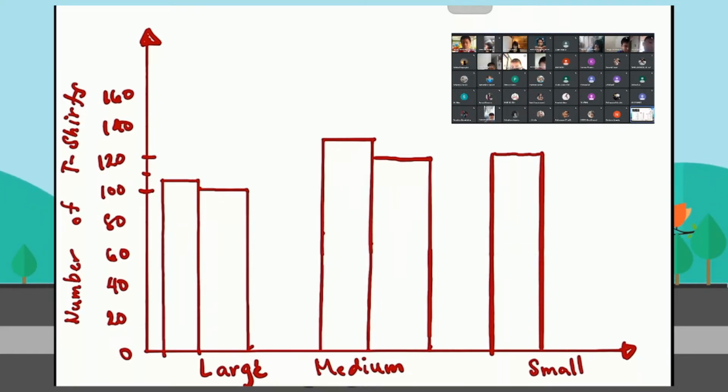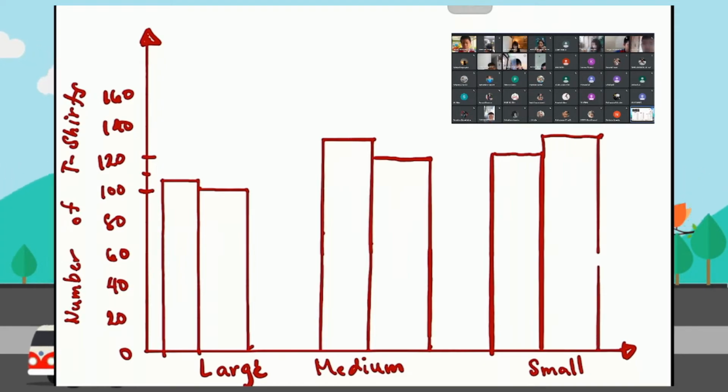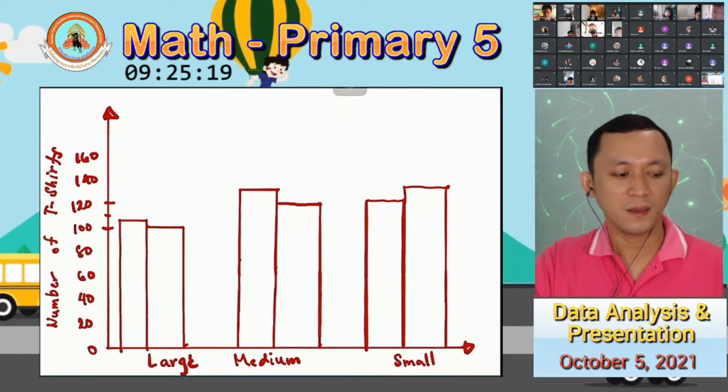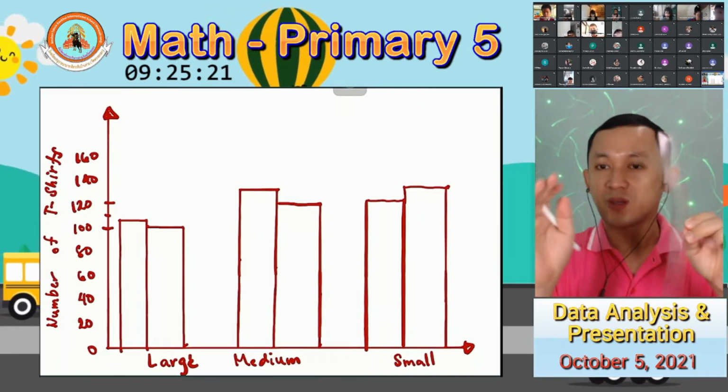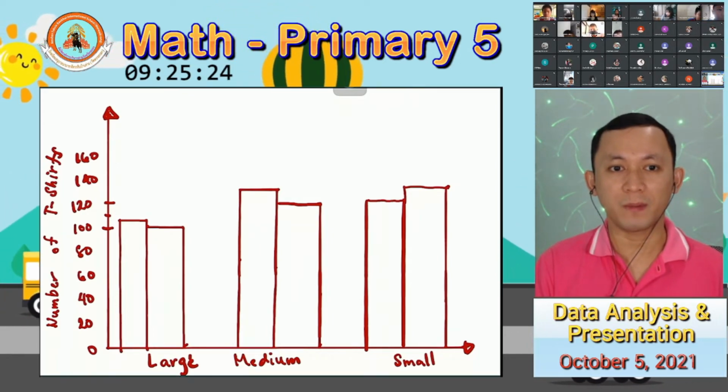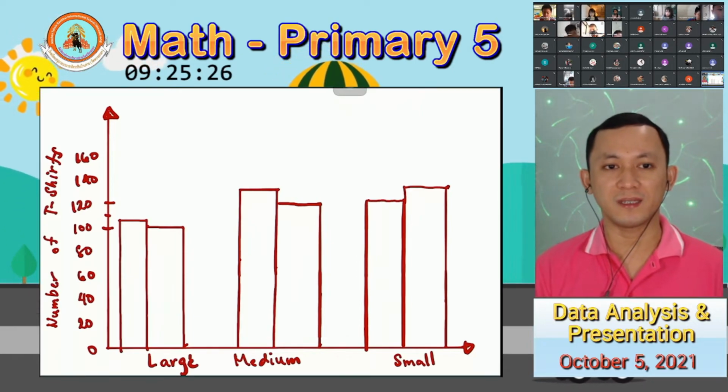Okay, and then Sunday we have 135. I will just use my hand. This is just an example.